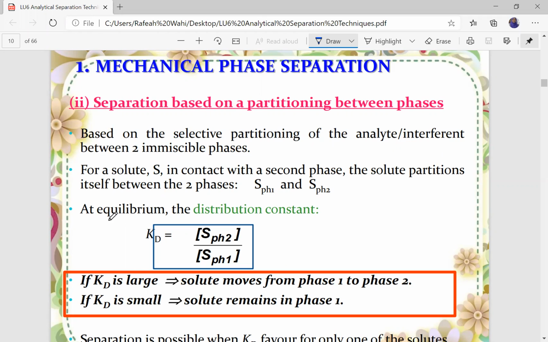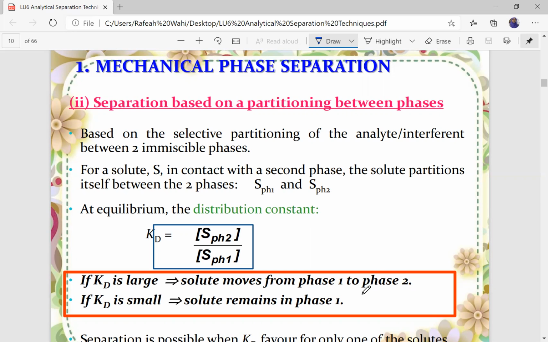So at equilibrium, we have distribution constant Kd equal to the concentration of solute in phase 2 divided by the concentration of solute in phase 1. So if after calculation you find out that the Kd is large, it means that the solute moves from phase 1 to phase 2.